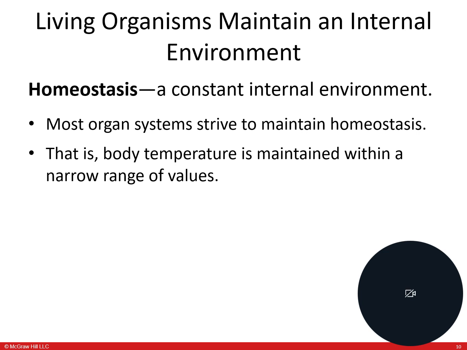You know it's 98.6, but it's actually 98.6 plus or minus 1 degree. So as long as your body temperature right this second is between 97.6 and 99.6, you are within a homeostatic range for temperature. So technically you don't have a fever until your temperature is 99.7, and you don't have hypothermia until your temperature is below 97.6, right?